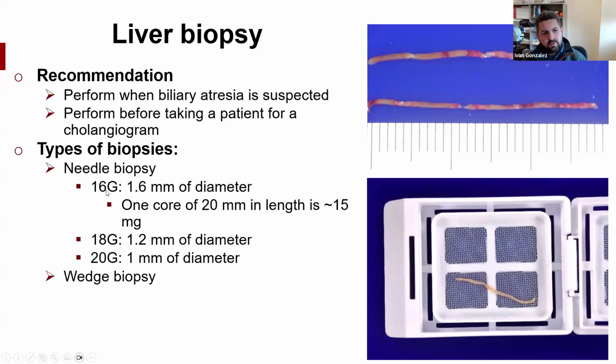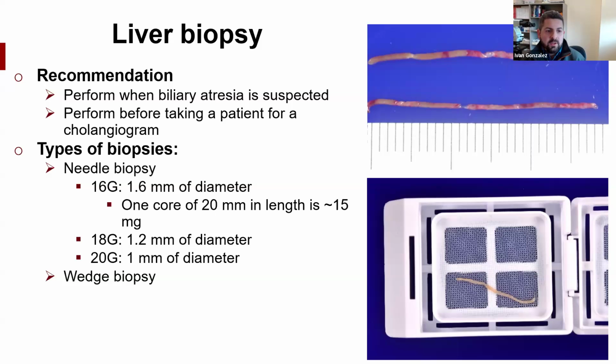You can use different types of needles. In a perfect world, you get a 16G needle biopsy, very long, 2 centimeters, with multiple portal tracts. The important thing to know is that one core of 2 centimeters in length using the 16G is approximately 15 micrograms of tissue. And if you want to do, for instance, iron or copper quantification studies, you roughly need 2 to 3 micrograms.